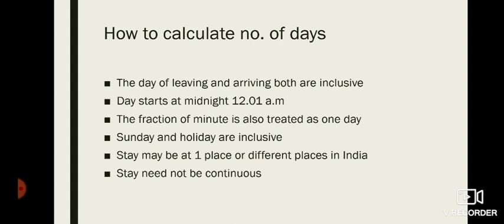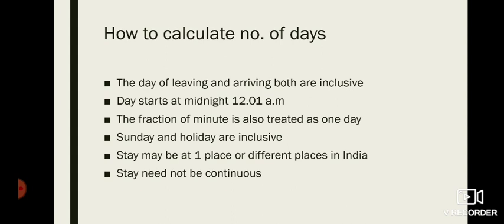I would like to explain this to you with an example. Suppose I am leaving India on 1st January and I am arriving back in India on 31st January. Same month, on the first date I am leaving and on the last date of the month I am arriving back. 1st January I am leaving India, but the day I am leaving India is considered as my stay in India.